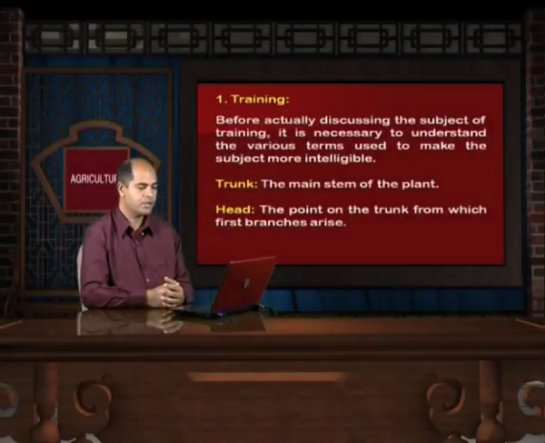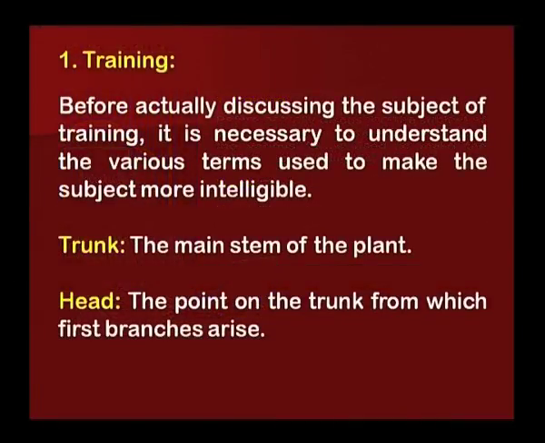Before actually discussing the subject of training, it is necessary to understand the various terms used to make the subject more intelligible. Trunk: the main stem of the plant is called trunk. Head: the point on the trunk from which first branches arise is called head.